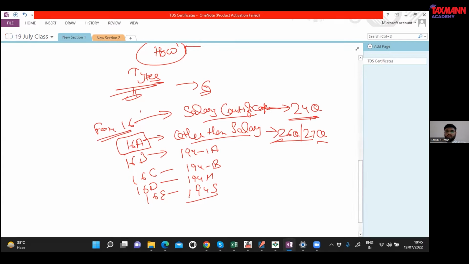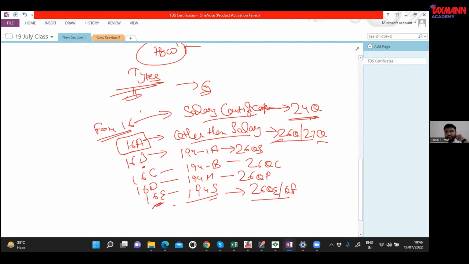So what was the return form for 194IA? 26QB, 26QC, 26QD, then 26QE for crypto, right? Form 16E is for the TDS certificate on crypto. 16B is for 194IA.